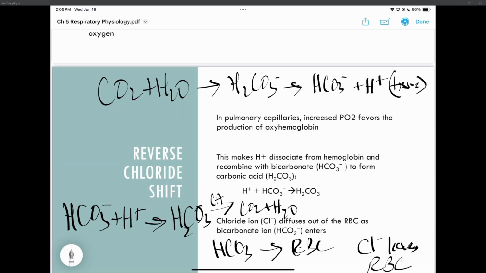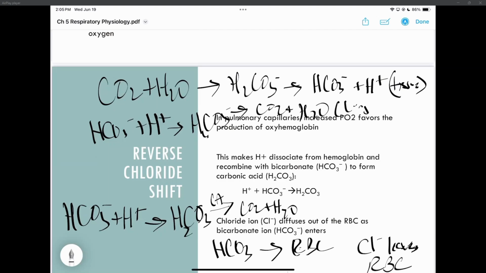Then in the lungs, we have to do the reverse chloride shift. So we get HCO3 minus plus the hydrogen, carbonic acid, and that's in the lungs. Just the same formula front and back. One's in the tissue, one's in the lungs.